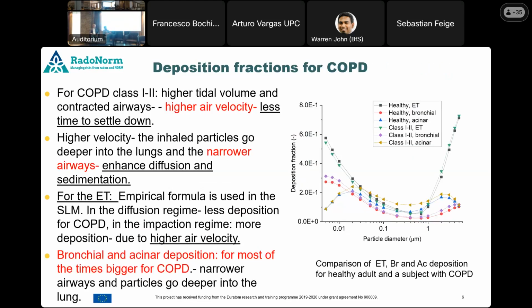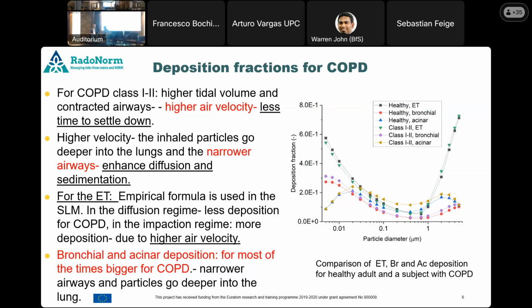Now, how does COPD impact the deposition? As you see, for class 1 or 2 the difference is not so big, but there is a higher inhaled volume. So the airways are narrower and more air is inhaled, so there is less time to settle down because of the higher air velocity.